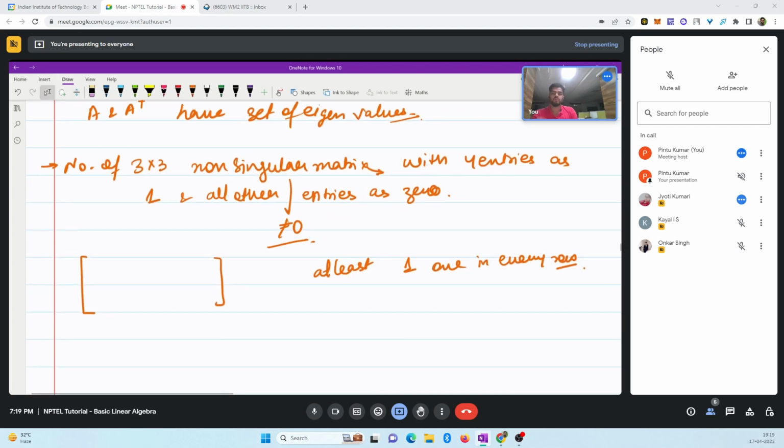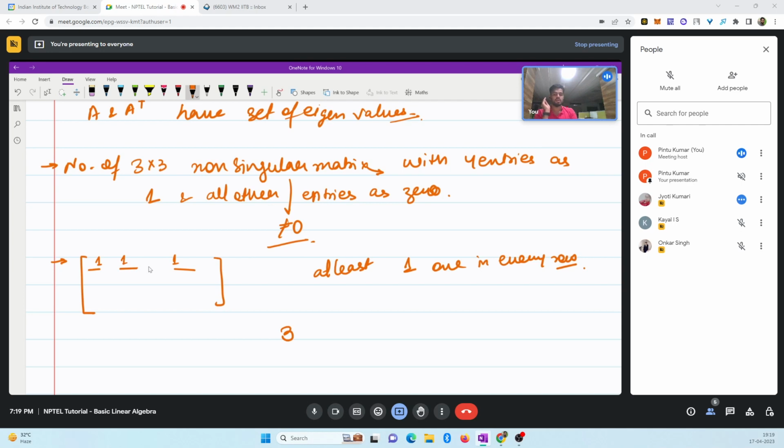If you are in the first row, then you can fill in this 1 at any position. In the first row you can place 1 at any of the 3 positions. So how many choices do you have? 3 choices.